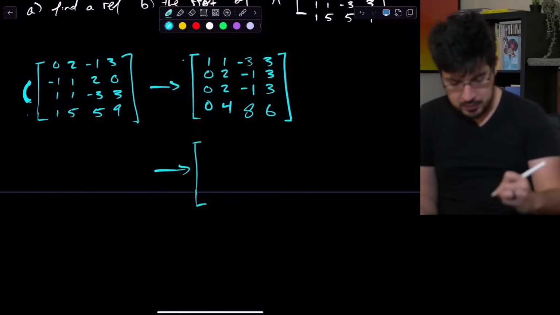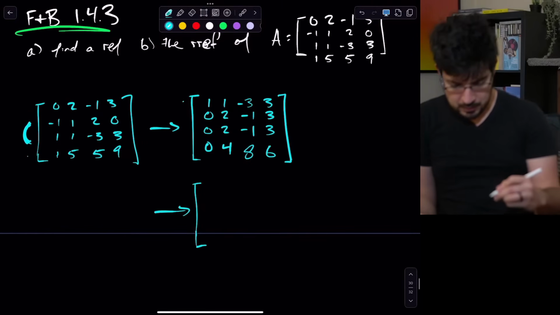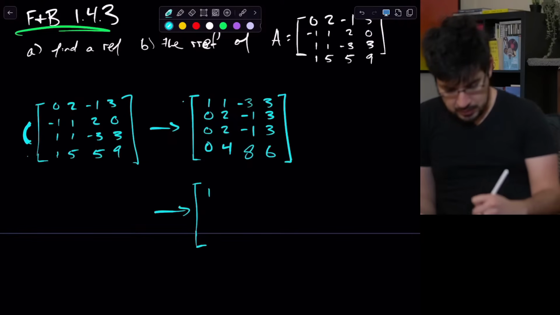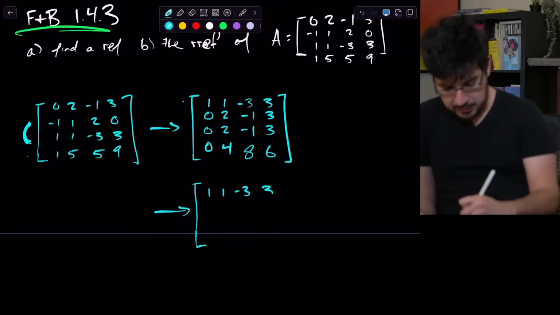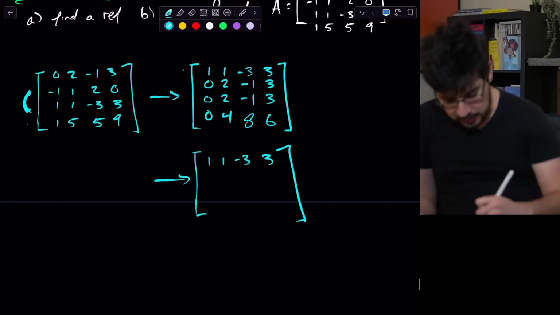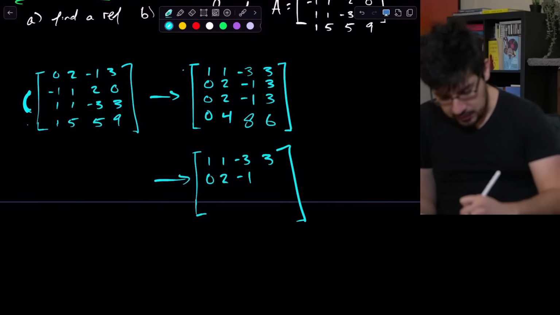Cool. So, 1, 1, -3, 3. I'm going to keep 0, 2, -1, 3.